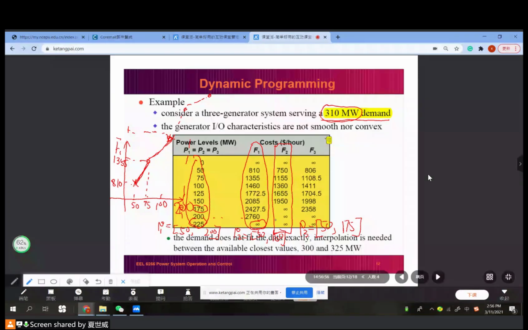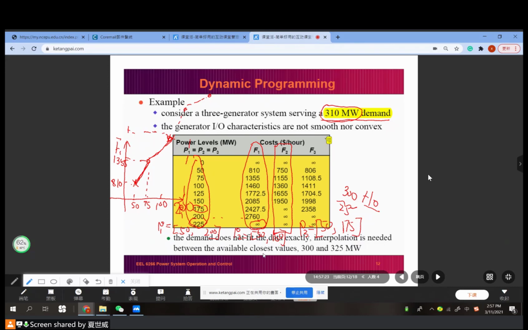That means 300 plus 10. This 300 can be divided by 25, but this 10 can't be divided by 25. So that means this 10 should be properly allocated between these three generators. That means the load doesn't fit the data exactly.